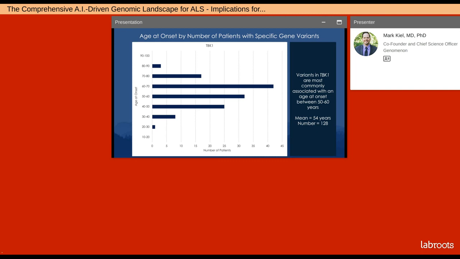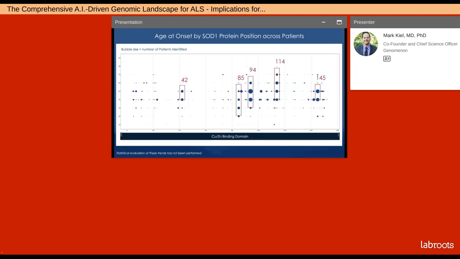with mutations in TBK1. Not only do we have information at the gene level, but we also have more precise information at the genetic variant level, which I'm showcasing here for SOD1. So again, just to orient you, on the x-axis is the linear axis of the SOD1 protein with its functional domain.